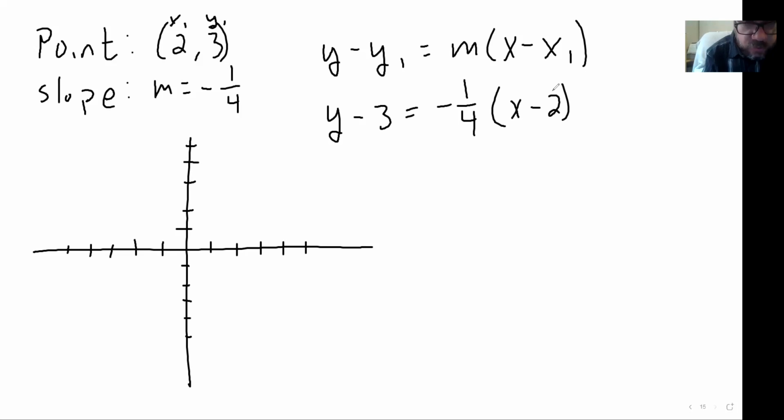So (2, 3) is right here. There's (2, 3), and it's got a slope of -1/4. What that means is the rise is -1 and the run is 4, right? I'm always running to the right. And if the rise is positive, we go up, and if it's negative, we go down. So if I go 4 to the right, I would go 1 down. There we go. I should have been doing this in blue all along, but that's okay.